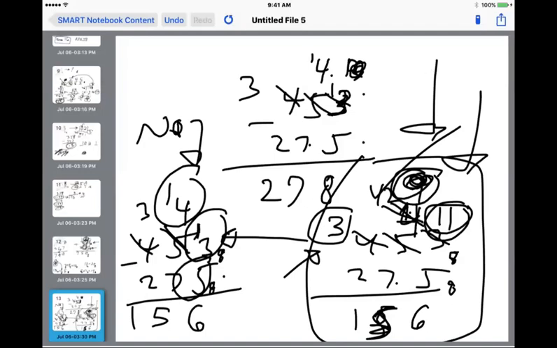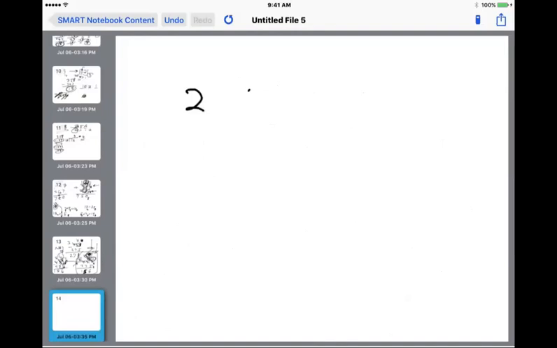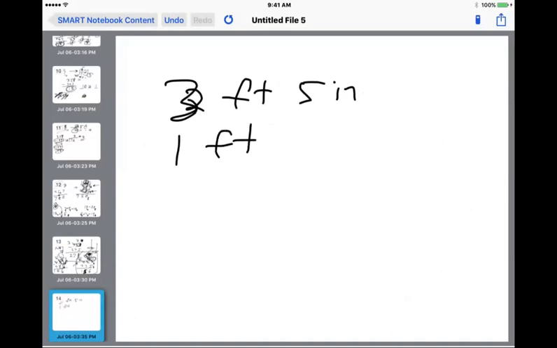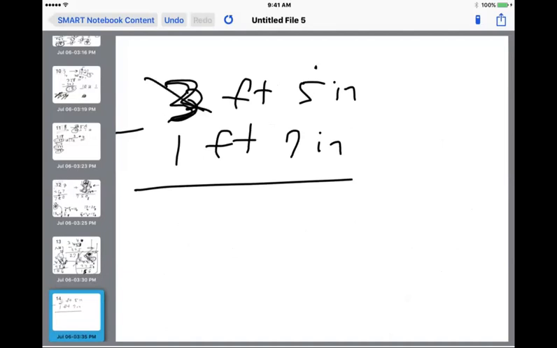Now, just so you know, when you were little, you probably did something like this: 2 feet 5 inches, or let's say 3 feet 5 inches minus 1 foot 7 inches. And you would have learned, well, the 5's less than the 7, so I'm going to borrow, take 2 here. But don't change this to a 15, change it into a 17 because I traded 1 foot for 12 inches.